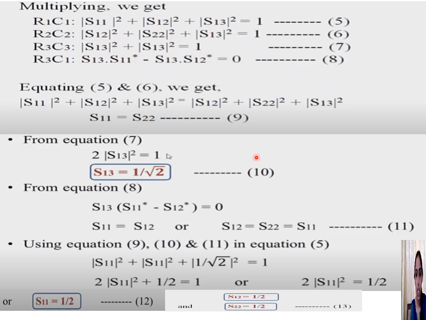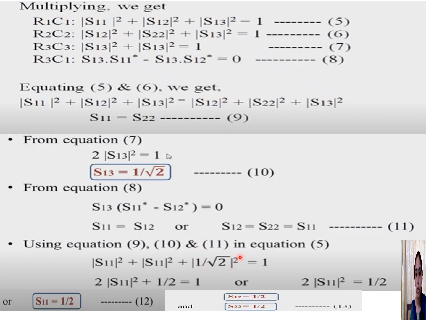Now when we are using these equations, that is equation 9, equation 10 and equation 11, in equation number 5, that is we consider this first equation and employ these relations. So what we get? S11 the whole square plus, instead of S12 it can be also written as S11. So S11 the whole square plus S13, we got it as 1 by root 2.